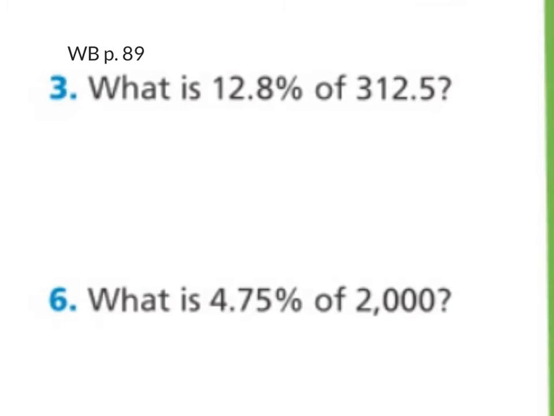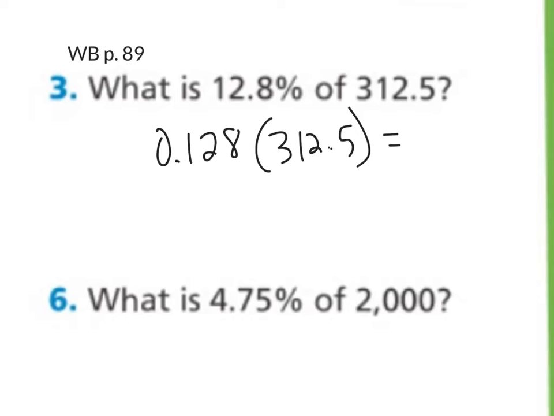So this is real close to an eighth of this number. So really a small part of this number, but 312.5 is a pretty big number. So 12.8% of 312.5, again, move your decimal 2 places, would be 128 thousandths times 312.5. Again, all these could be done without a calculator, but that just makes our jobs a lot easier. So number 3 ends up being 40.